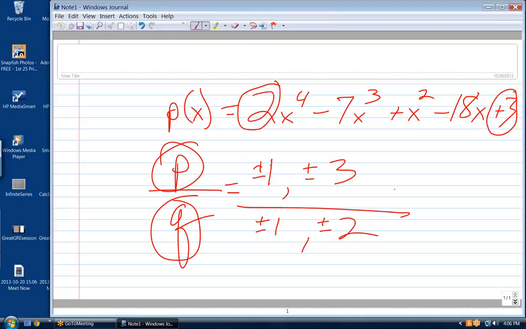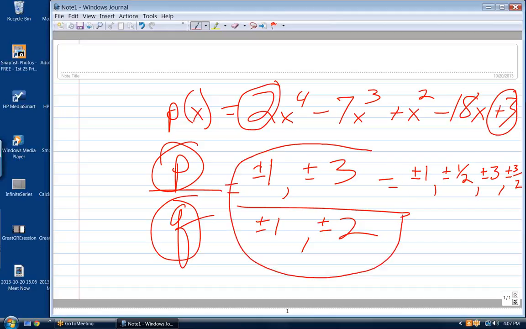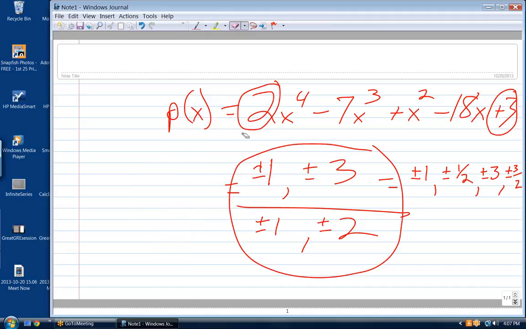So that tells me my possible rational factors are plus or minus 1, plus or minus 1/2, plus or minus 3, or plus or minus 3 halves. You see how I got all 4 of those from this? Yeah. Okay.